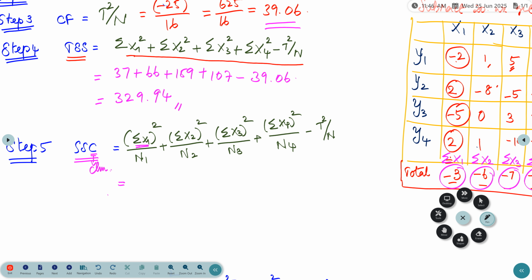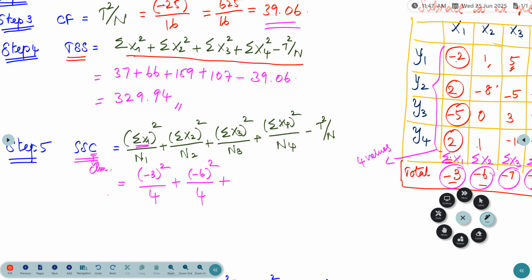Sum of squares of column. What is summation x1 the whole square? Minus 3 the whole square divided by the number of values in the column. How many values in the column? Here 4 values, so divided by 4, plus minus 6 the whole square. Similarly, the second column has 4 values.